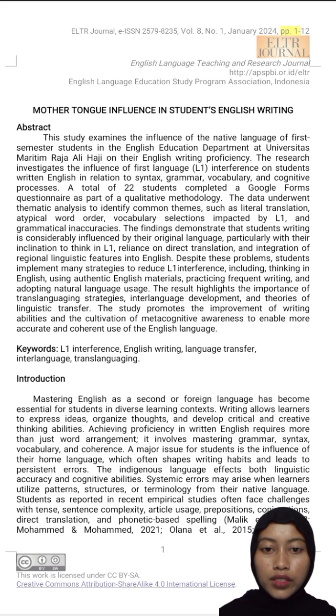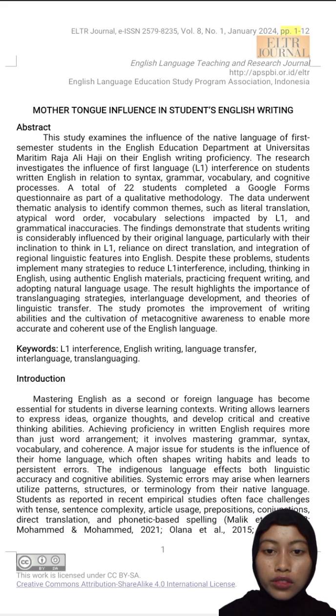Abstract: the study focused on first semester students at Universitas Maritim Raja Ali Haji. Researchers explored how their native language affects their writing in English, especially grammar, syntax, vocabulary, and cognitive process. They collected responses from 22 students using a Google Form questionnaire. From the data, patterns emerged, including direct translations, unusual word order, first language influence, vocabulary, and grammar mistakes.